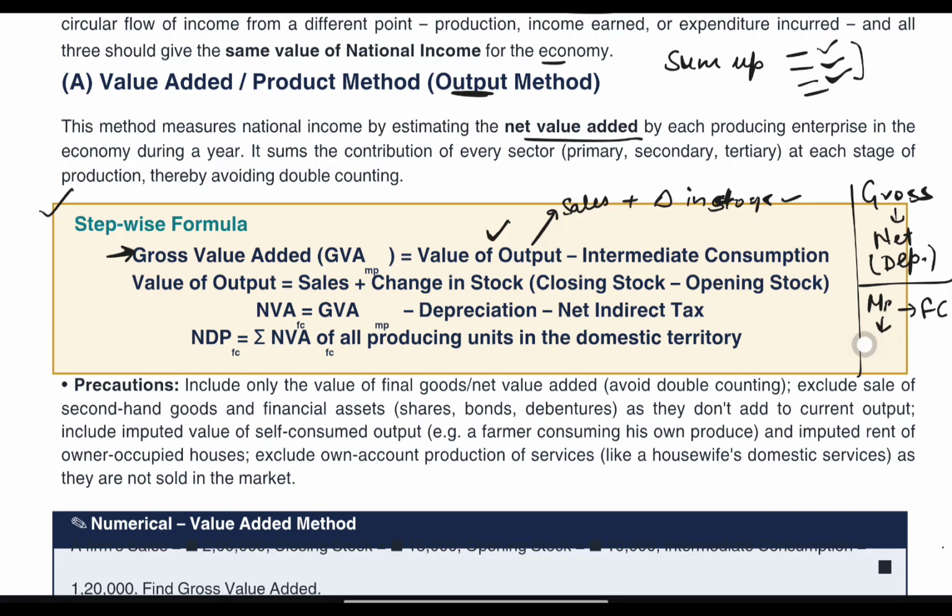From market price we have to subtract net indirect tax, that is, subtract indirect tax and add subsidy, and that results in factor cost.